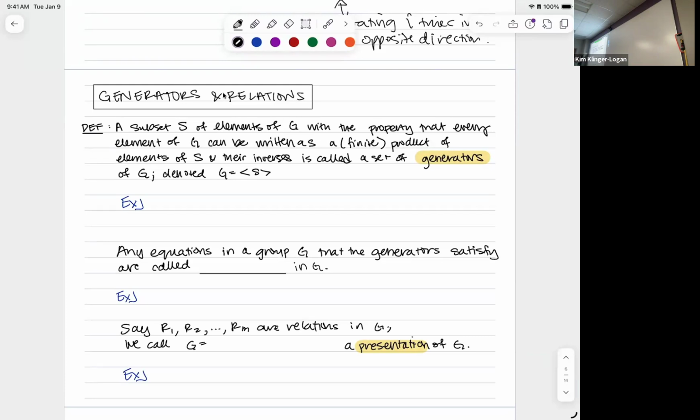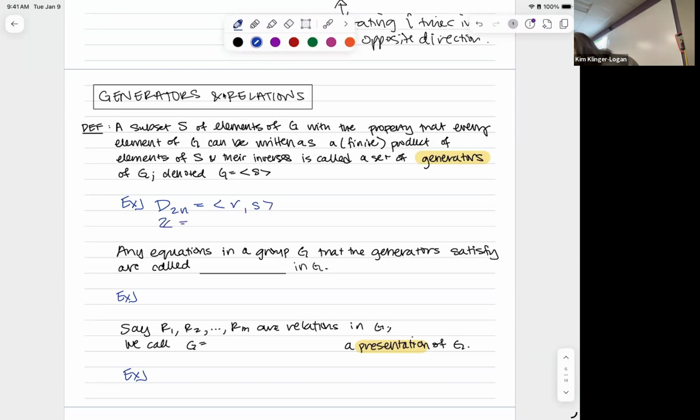A generator of a group is a subset of that group with a property that I can take finite products of the elements and get the rest of the group. We saw that I can get every single element of D2N by just taking multiples of R's and S's. So for example, D2N is always generated by R and S.